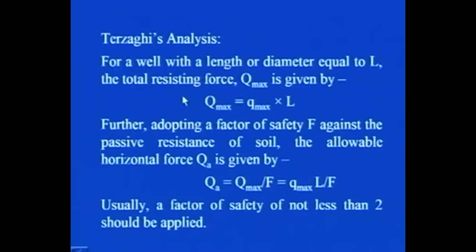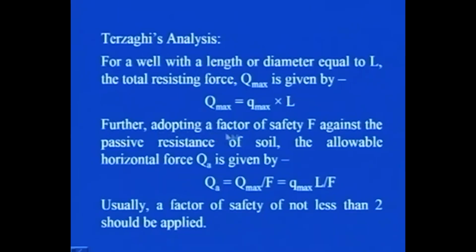Now, for a well with a length or diameter equal to L, the total resistance force, capital Q max, is the total resistance force, while small q max was the lateral resistance force per unit length. So, if you multiply it by the length or diameter of the well, you will get this total resistance force.